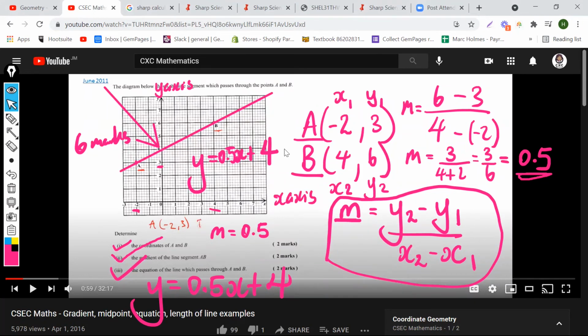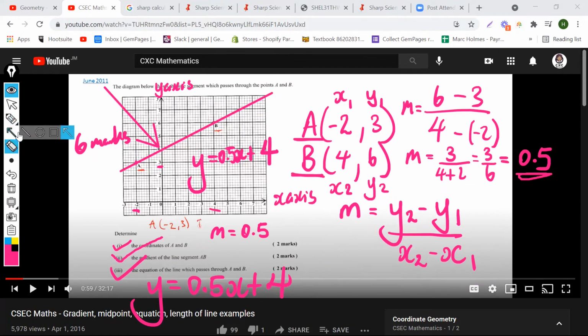Okay, so remember, these are the 2 points that they give us, guys, A and B. To find the gradient, this is the formula we have to use, Romario. The gradient is equal to y2 minus y1 over x2 minus x1. A is the first point, so that would be x1 and y1.